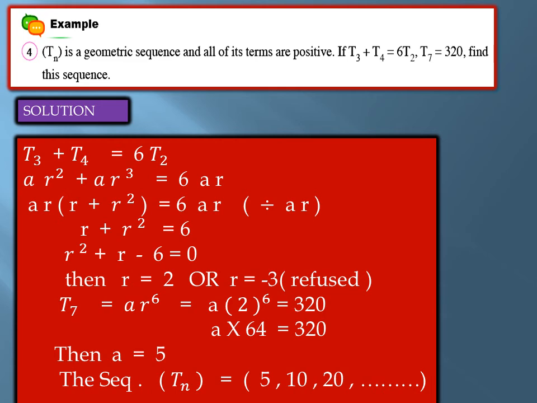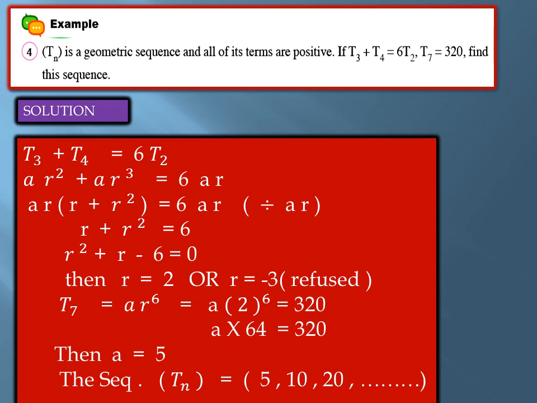The common factor means we divide every term by the common factor. AR to the power 2 over AR equals R. AR to the power 3 over AR equals R to the power 2. Now cancel AR from the right side and left side.